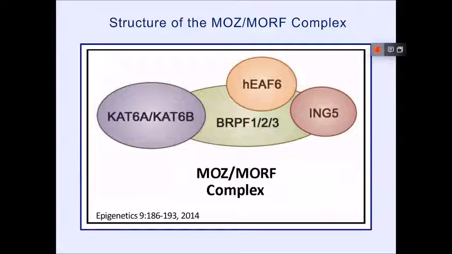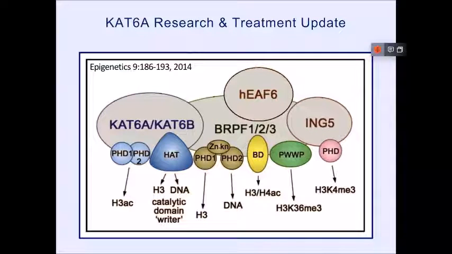And the MOZ complex is also quite complex. And this just shows that the basic substructure of the MOZ complex involves KAT6A and these other proteins. And as you can imagine, defects in proteins like BRPF also cause syndromes not unlike KAT6A. But anyway, there are these multiple enzymes or proteins that are also bound to the complex.